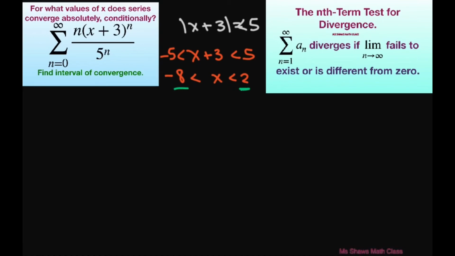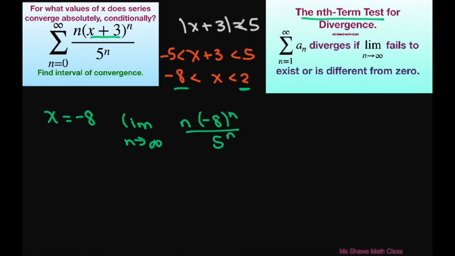So when x is equal to negative 8, let's just do the limit. We're going to do the nth term test for divergence. So the limit as n approaches infinity, and we're going to substitute in negative 8: n times negative 8 to the power of n divided by 5 to the power of n.